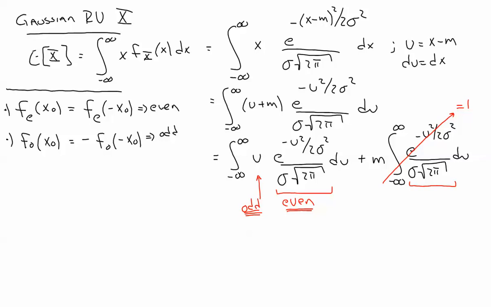It's symmetric about 0. And you'll recall, I hope, from some calculus discussion somewhere, if I have an integral over all possible values of an odd function times an even function, my result is exactly 0.